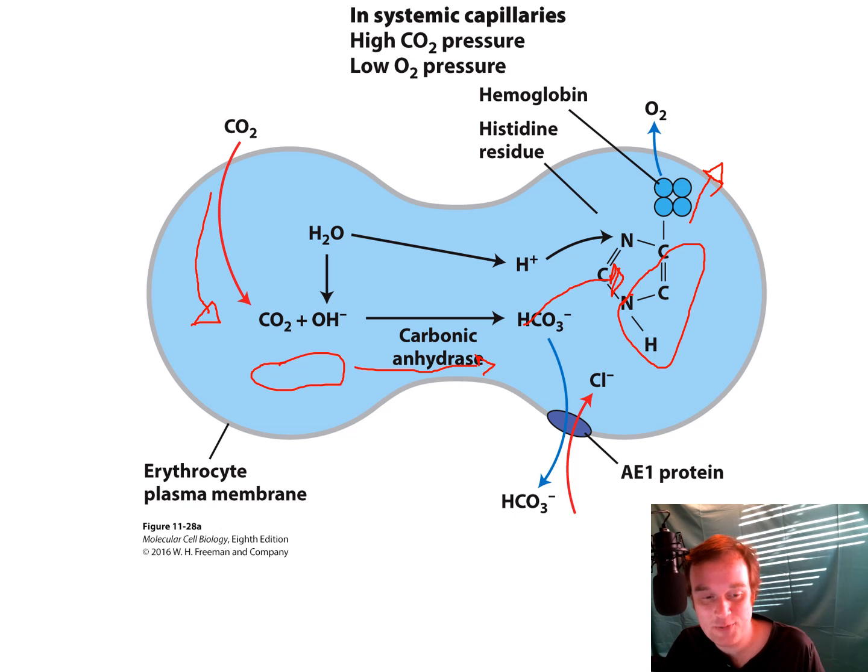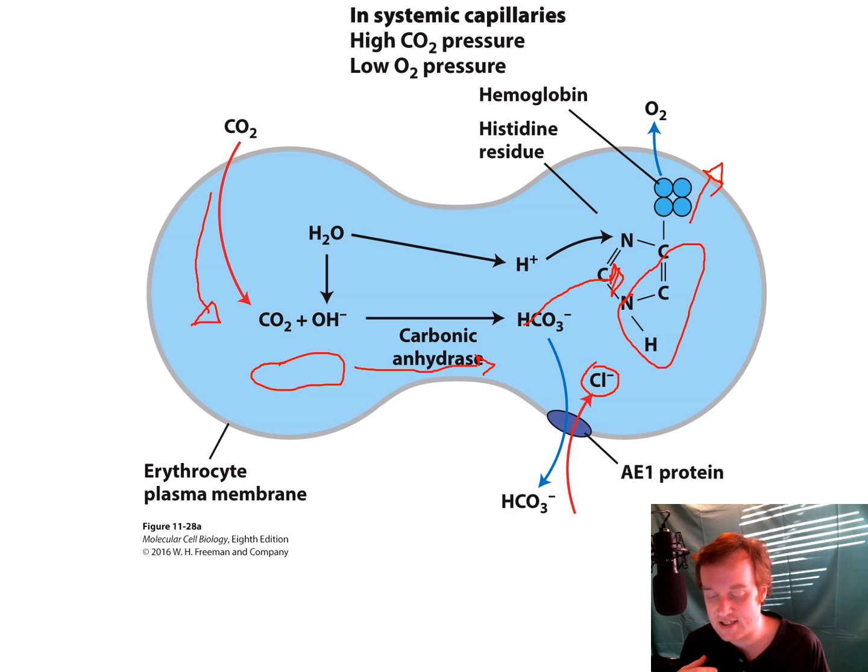The AE1 protein here catalyzes this exchange of these chlorine ions, which is right here, for HCO3. They take in these chlorine ions to maintain the pH within this erythrocyte and allow the HCO3 to leave.